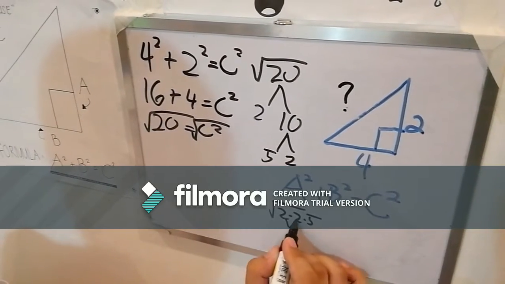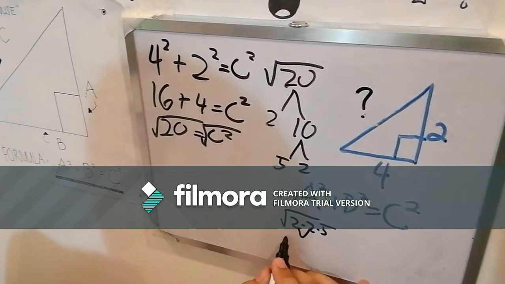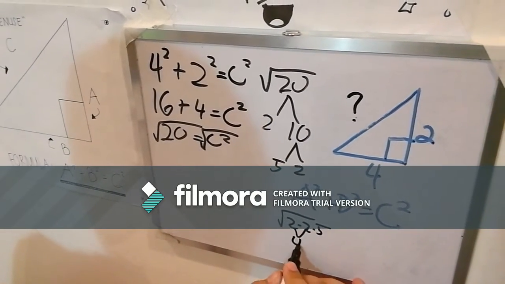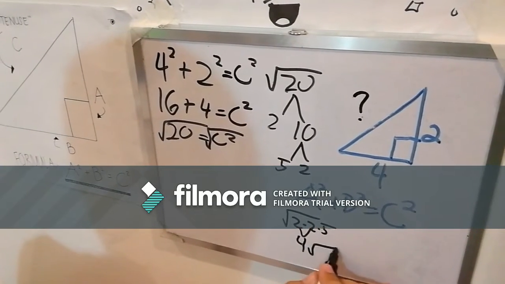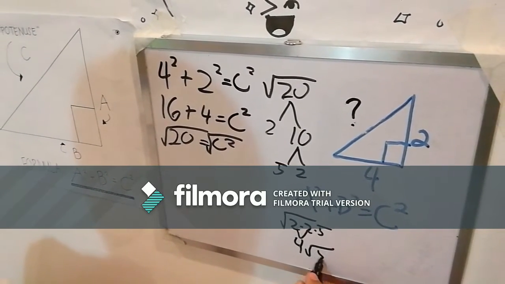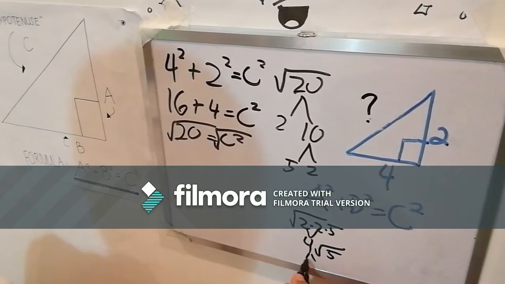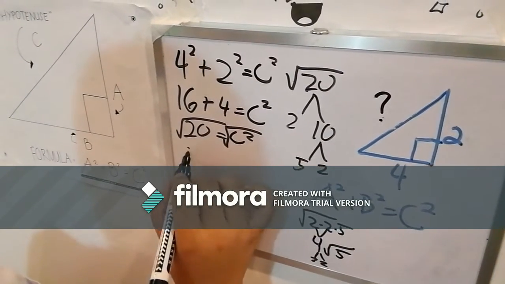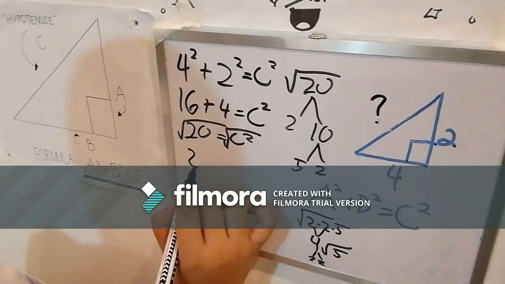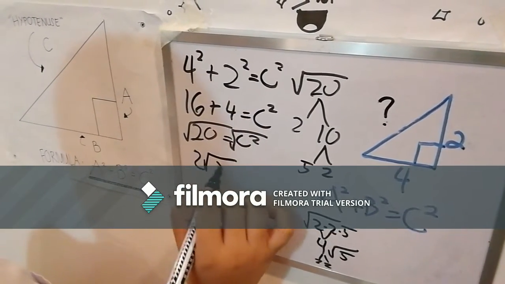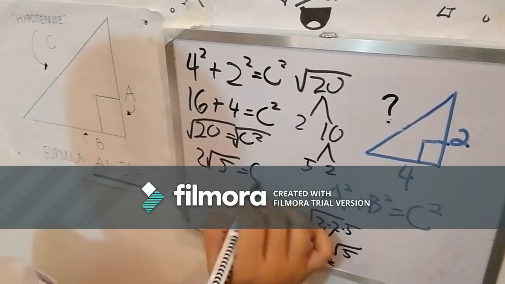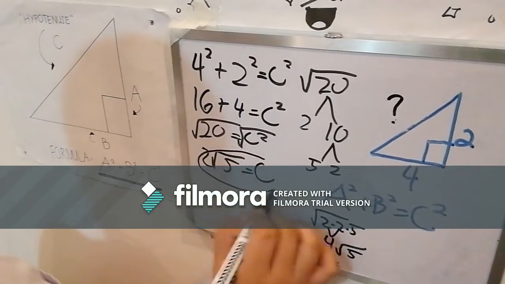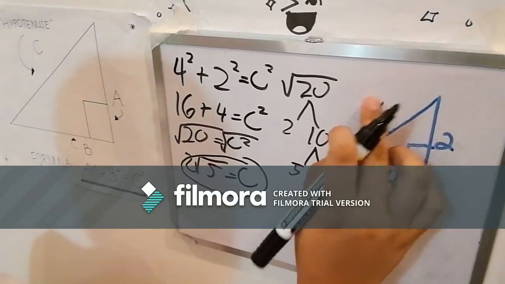Then you multiply the two 2s, which is equal to 4, and the square root of 5. You can still break down 4 into 2 and 2. So the answer here is 2 square root of 5 is equal to c. This is the hypotenuse, so we'll put it here.